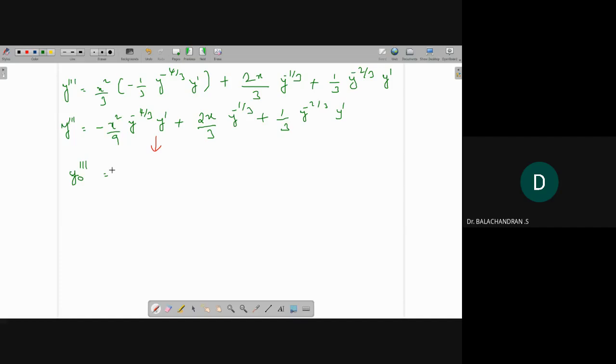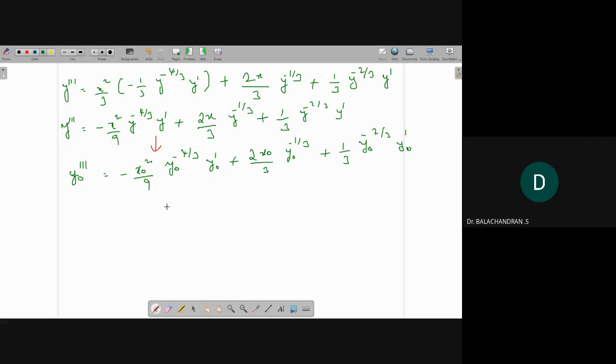So y naught triple dash is minus x naught square by 9 into y naught power minus 4 by 3 y naught dash, plus 2 into x naught by 3 into y naught power minus 1 by 3, plus 1 by 3 into y naught power minus 2 by 3 into y naught dash.